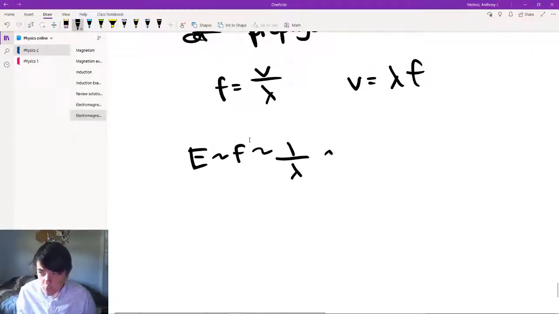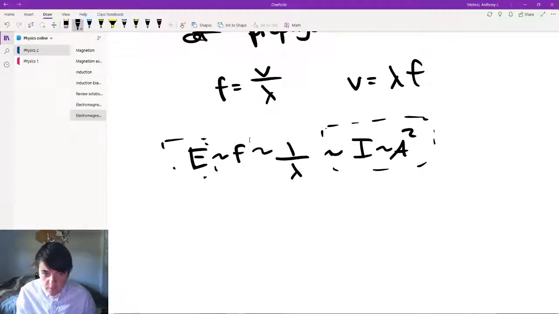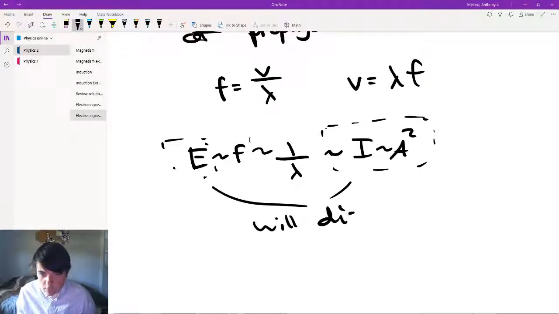But more than that, we'll also see how intensity plays into it, and amplitude squared. I'll talk about these a little bit more later on in this lecture.